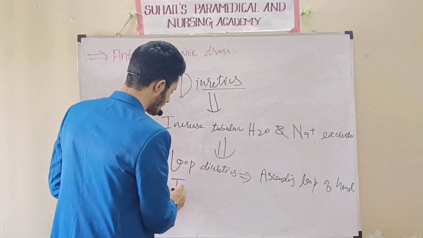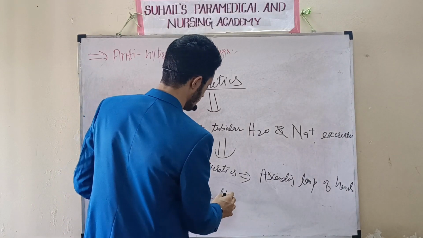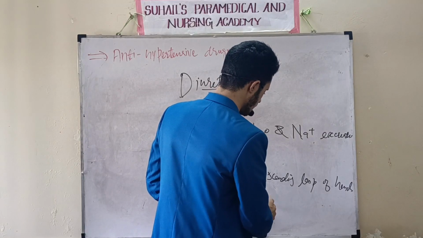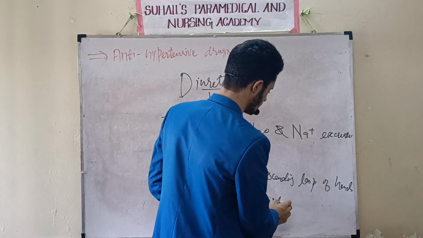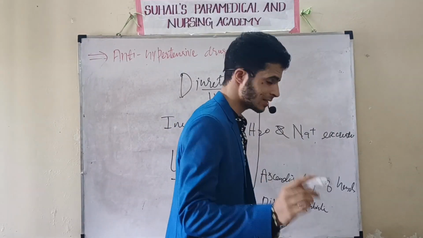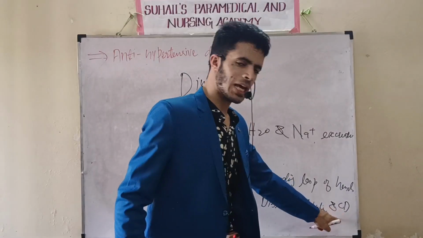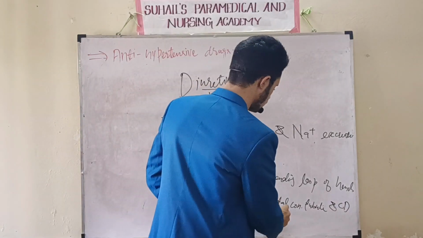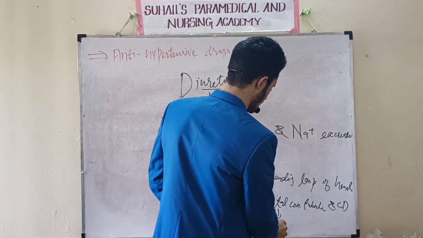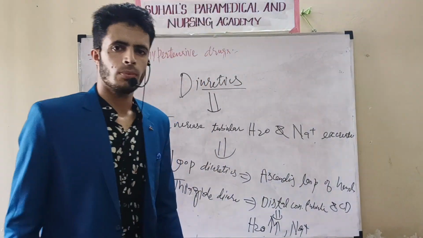And suppose it is a thiazide. Thiazide will act on the distal convoluted tubule as well as the collecting duct. So water will be more reabsorbed, as well as sodium will also be more reabsorbed.